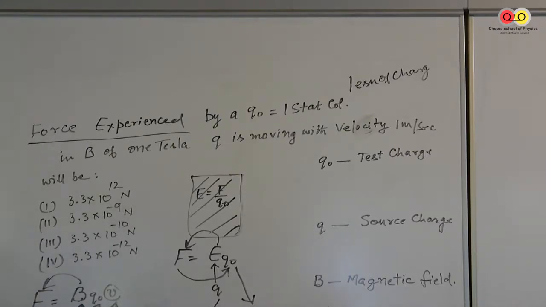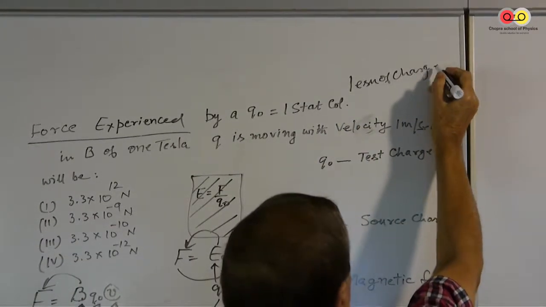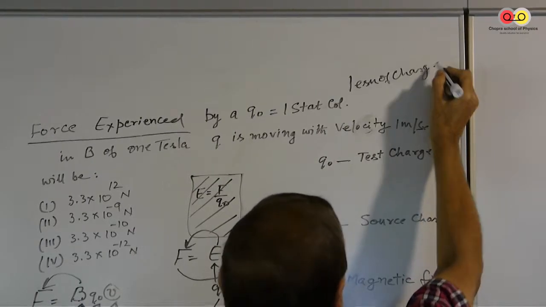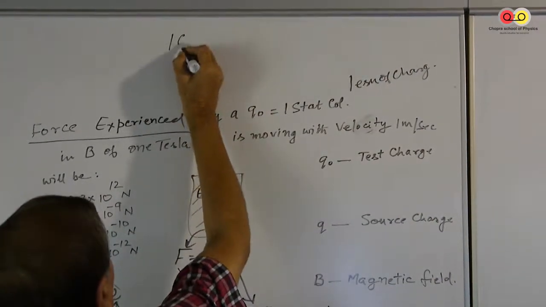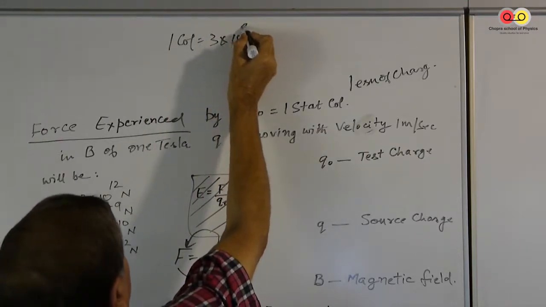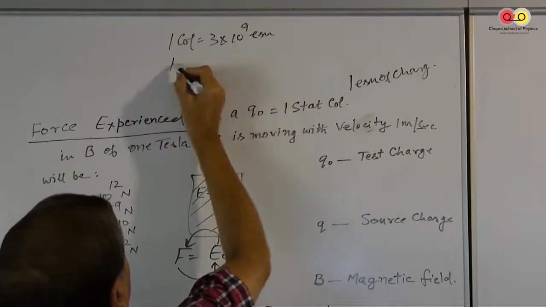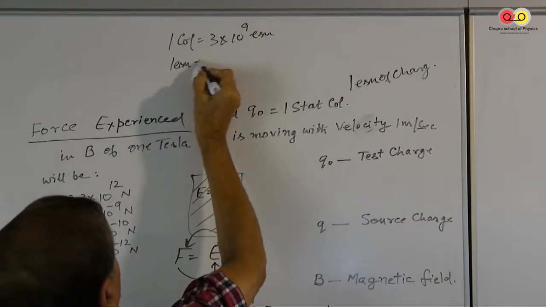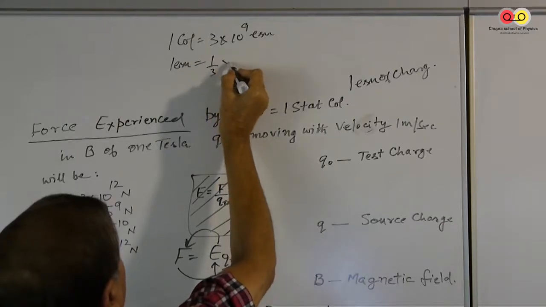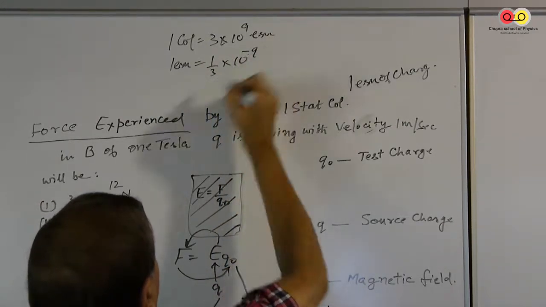So 1 Coulomb is 3 into 10 to the power 9 ESU, and 1 ESU is 1 over 3 into 10 to the power minus 9.